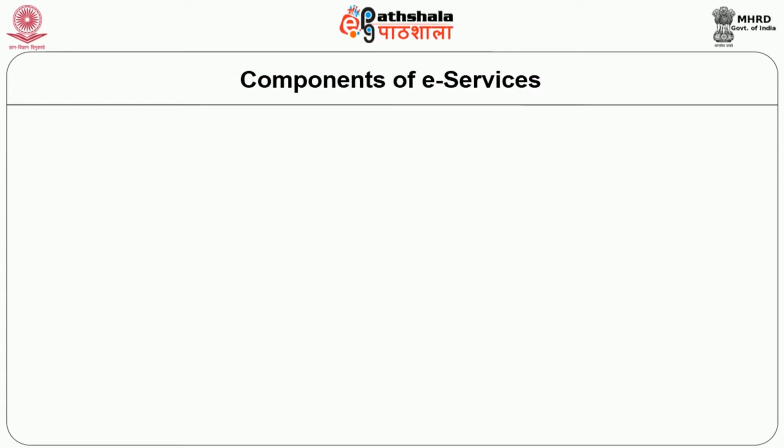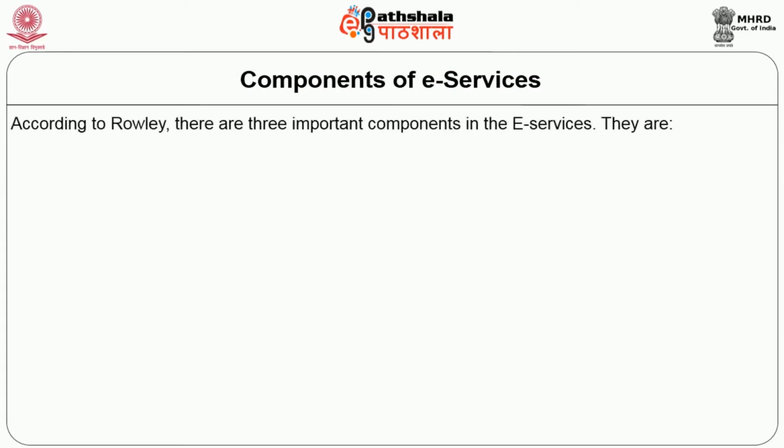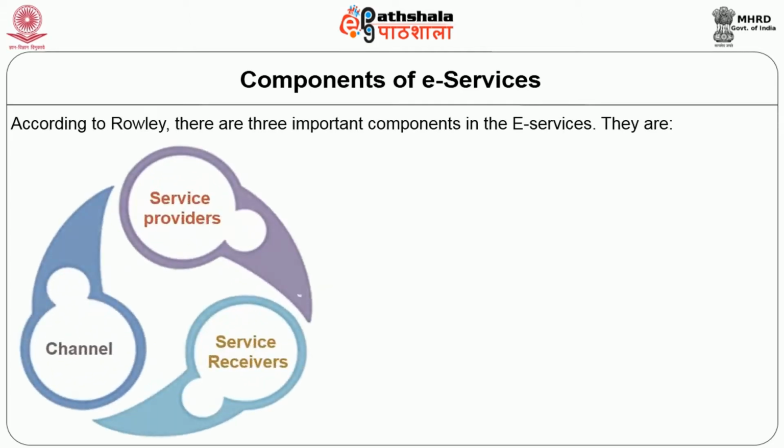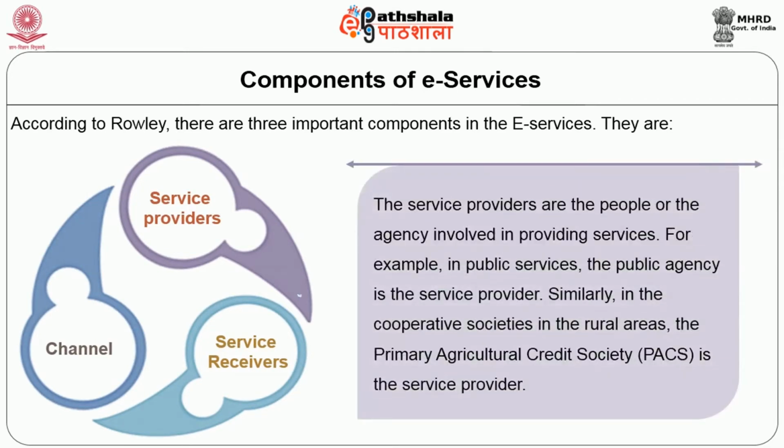Components of E-Services. According to Rowley, there are three important components in the E-Services. They are service providers, service receivers, and channel. The service providers are the people or the agency involved in providing services. For example, in public services, the public agency is the service provider. Similarly, in the cooperative society in the rural areas, the primary agriculture credit society is the service provider.